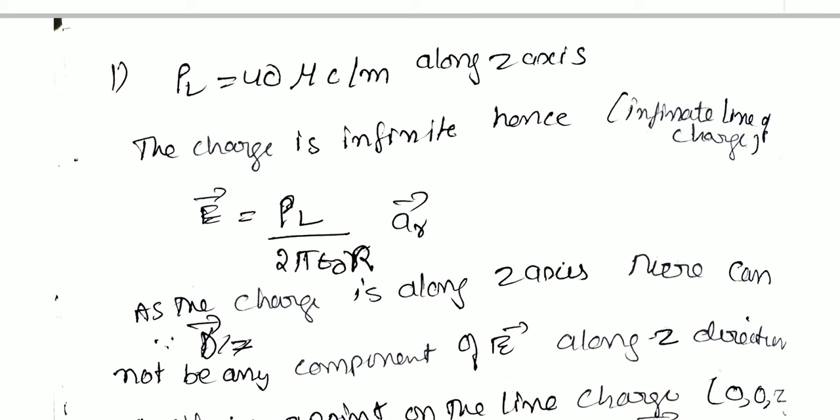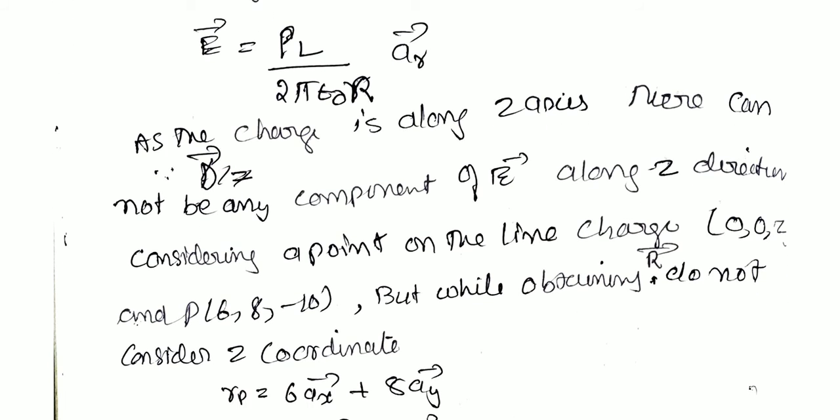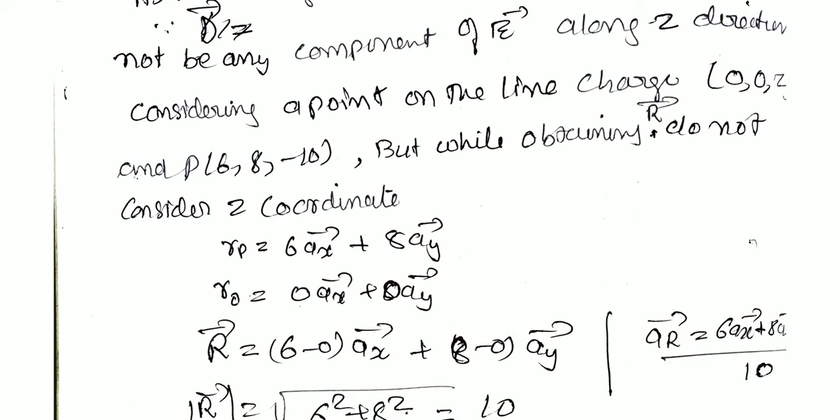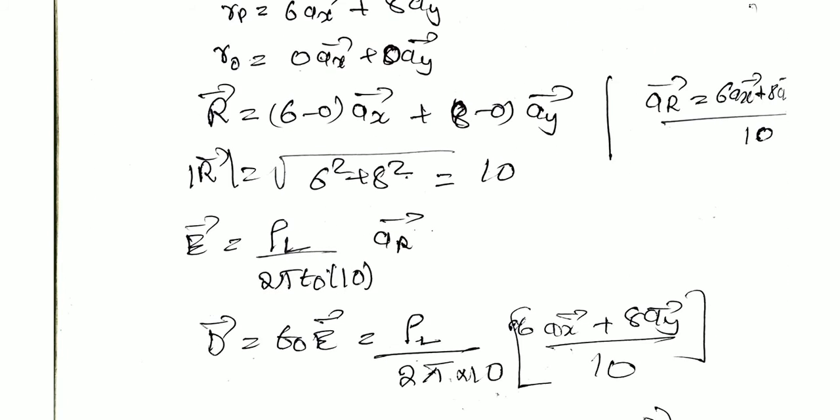So here the point of measure on the z axis is 0 comma 0 comma z, and the point P is given by 6 comma 8 comma minus 10. As I told you, I have to neglect the z axis. If I neglect the z axis, only two other axes are present. So R_P is given by 6aX plus 8aY, and R_0 is given by 0aX plus 0aY, and after simplification we will get the value of R equal to this.